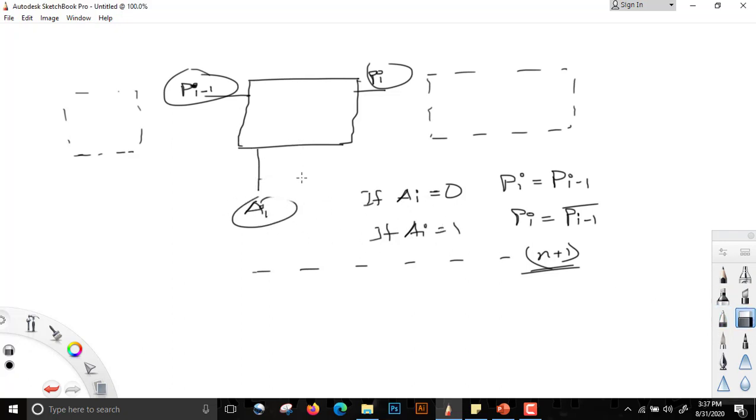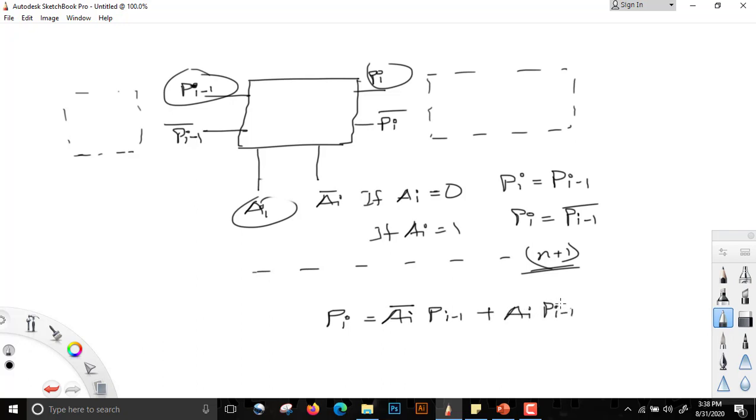inputs available in true and complementary forms. That is, here we have Pi minus 1 generated, here we have Pi bar generated, and here we are providing input as Ai bar as well. Then the logic would be Pi is equal to Ai bar Pi minus 1 plus Ai Pi minus 1 whole bar.